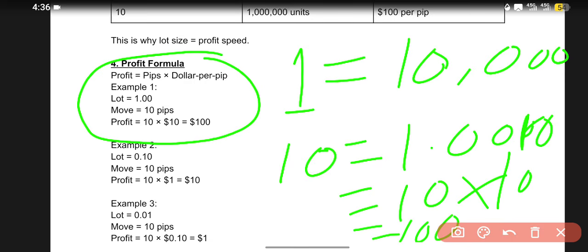So this is the amount you're making, $100.